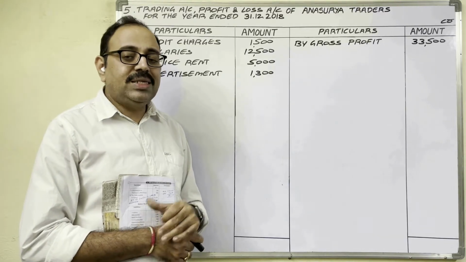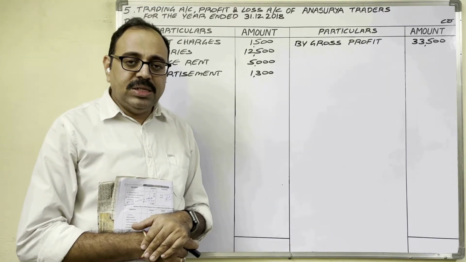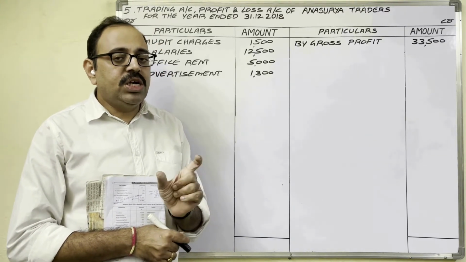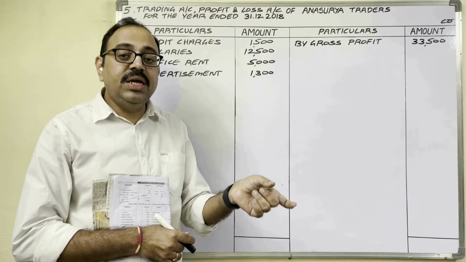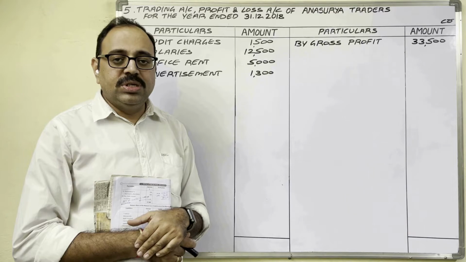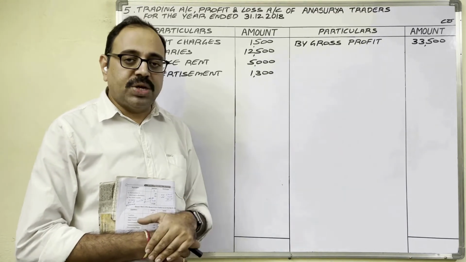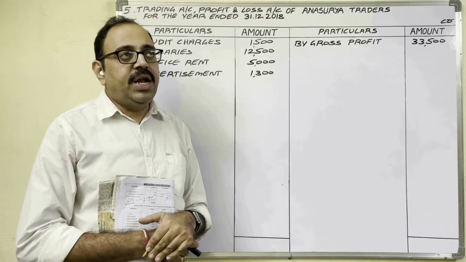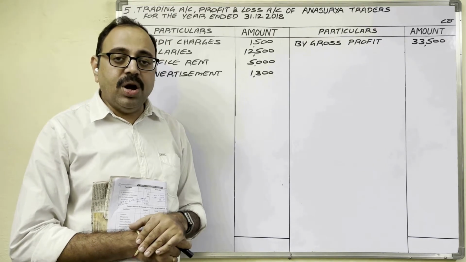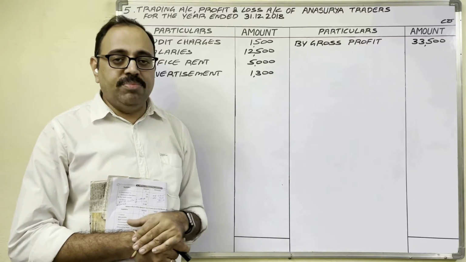But he is giving rent paid in advance in trial balance. It means this rent paid in advance amount is already adjusted in rent account. It is already recorded in rent account. Therefore, again we need not adjust that amount in profit and loss account. Rent paid in advance is an asset, because before receiving the benefit from landlord, we are paying rent to him.